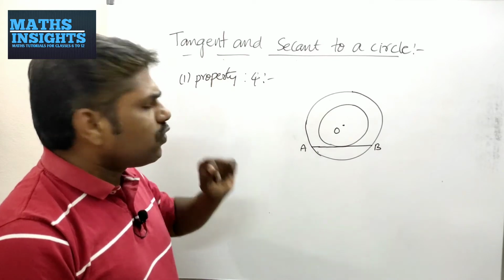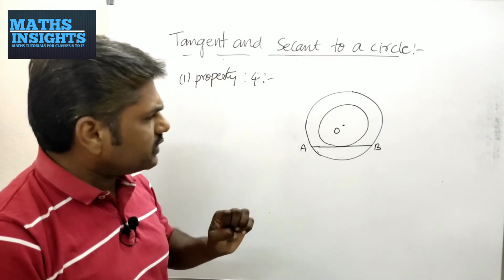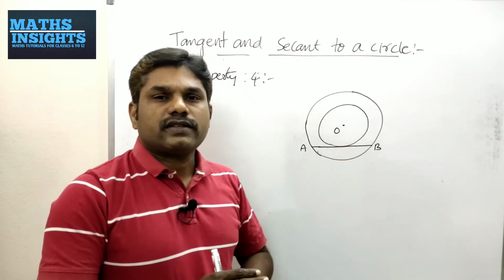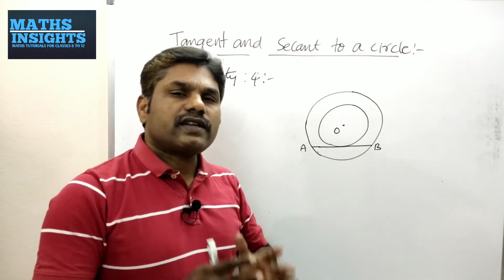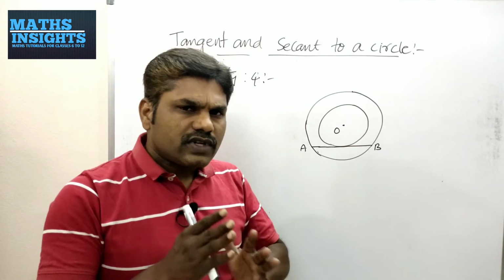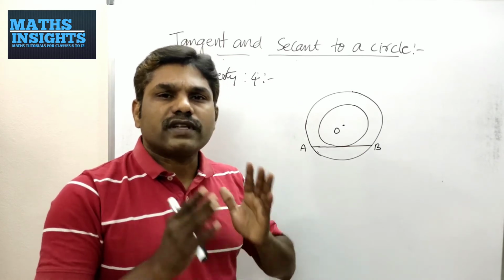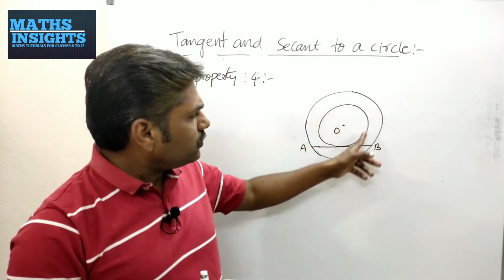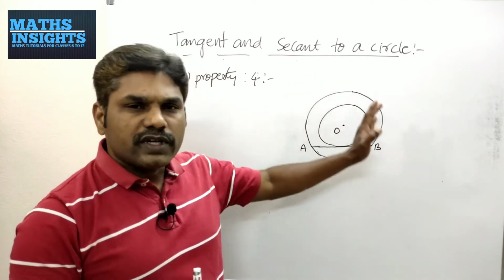Property number 4, this is also very important. If you take two concentric circles, these are circles which have a common center. This center O is common to both the smaller circle and the bigger circle.